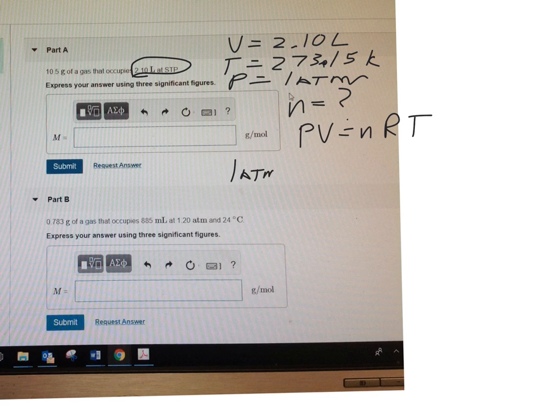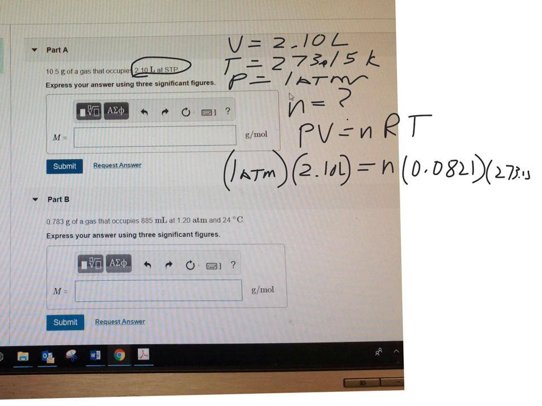So we have 1 atm times 2.10 liters times 0.0821 times 273.15.